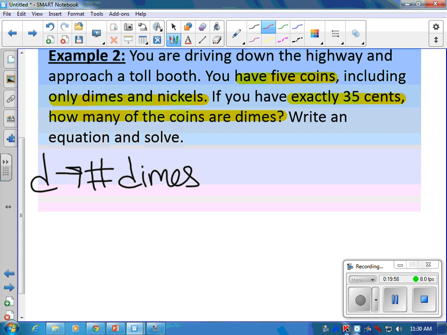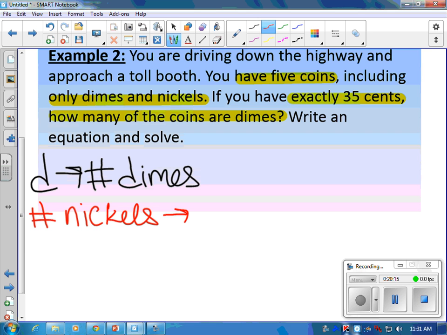We also said in this problem that we've got nickels. We've got dimes and we've got nickels. So the other thing that I need to do is find some way to represent the number of nickels that I have.